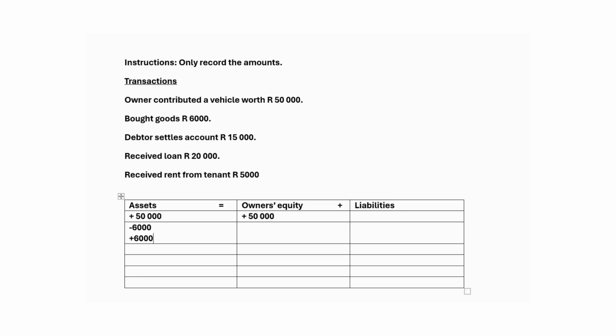Now we go to the third transaction, which is that the debtor settles account for 15,000. So we know that our debtor is an asset, and when they pay us, the debt becomes less, which means that your assets, which is your debtor, will decrease by 15,000.